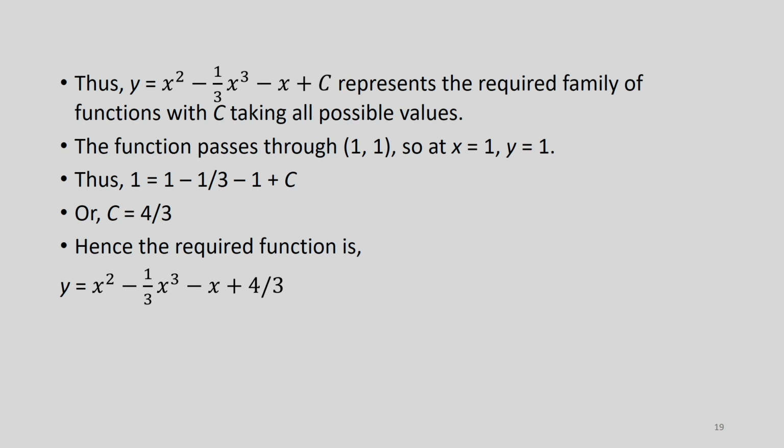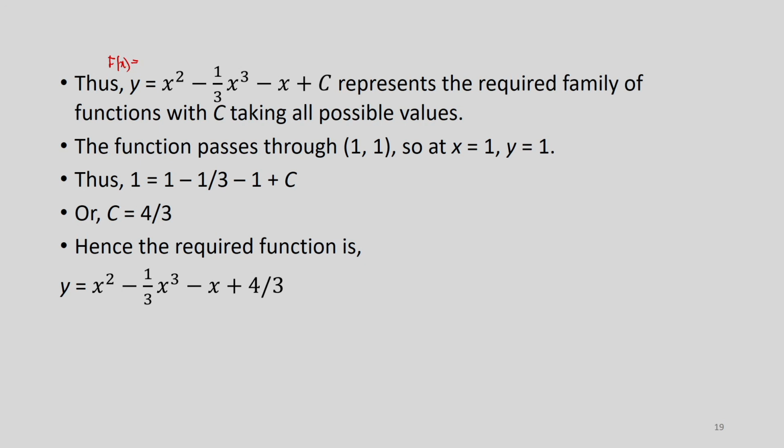So, y is equal to x square minus 1 divided by 3 x cube minus x plus c represents the required family of functions with c taking all possible values. Instead of y, I could have written it as f x as well, because that is the form written in the question.